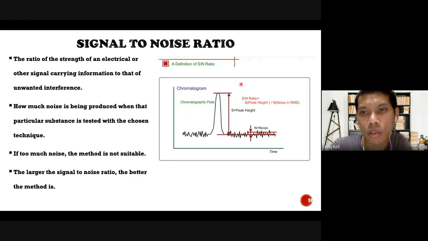The best is to have a large SN ratio. A large signal to noise ratio means you have a very strong signal of the sample, a strong peak, or the noise is very, very small. So always check your method, that the results obtained have a very good SN ratio.